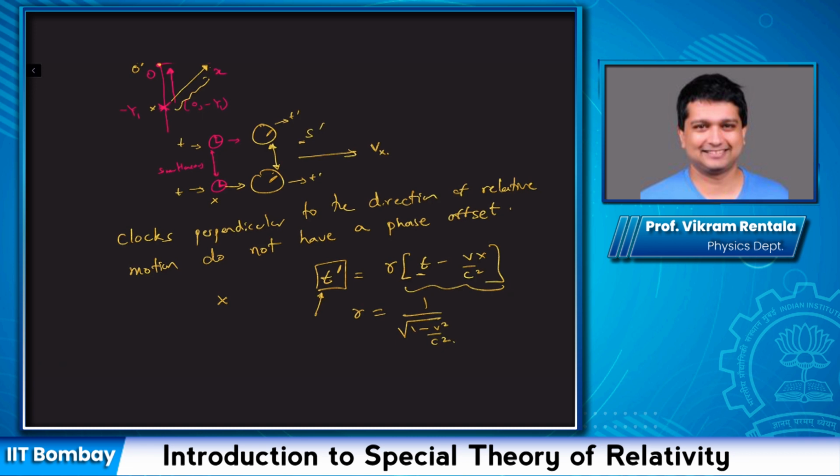However, the situation between S and S prime is perfectly reciprocal. They both have rods of length L. In frame S, the frame S prime appears to be moving to the right at a speed v. In frame S prime, the rod of S appears to be moving to the left at a speed v.